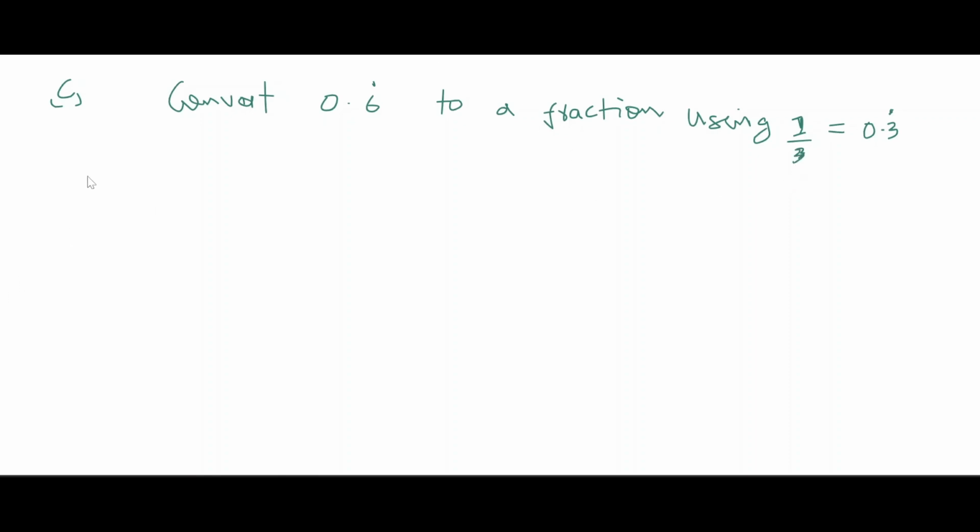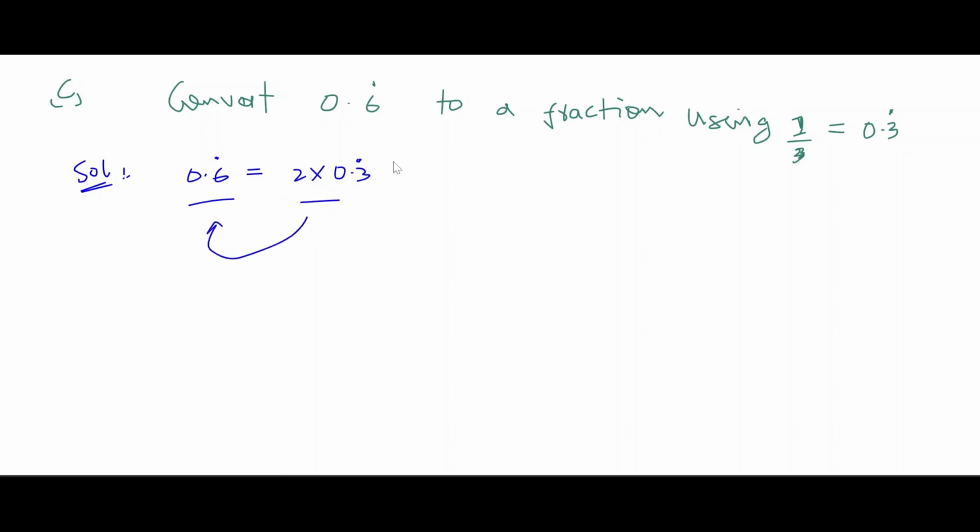Now we have a solution. Let's solve it. 0.6 with a dot on the top is 2 into 0.3 with a dot on the top of the 3, because when you multiply 2 with 0.3 recurring, you get the same 0.6 recurring.